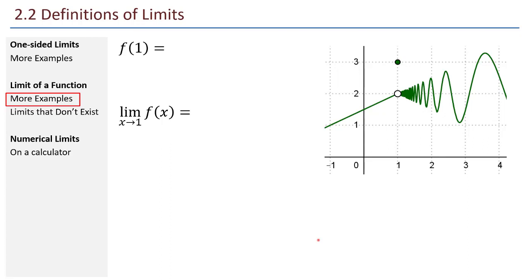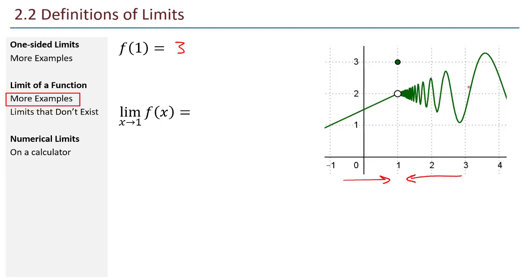In this example, f of 1 equals 3. That's where the dot is. So it has a hole there, so I skip through that, and 3 is the value of the function at 1. But how about the limit as x goes to 1? Well, as x approaches 1 from the left, those y values go up to 2. And as x approaches 1 from the right, the y values oscillate up and down and up and down.